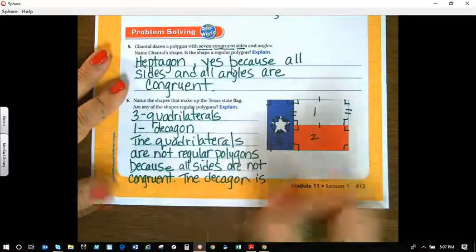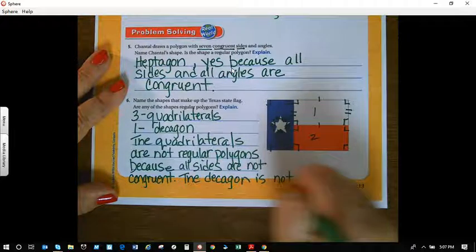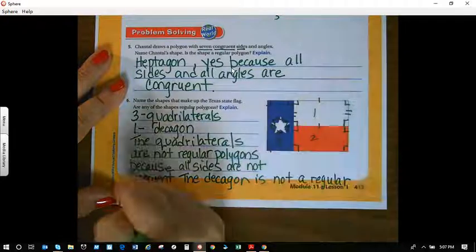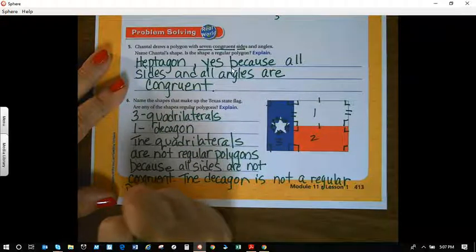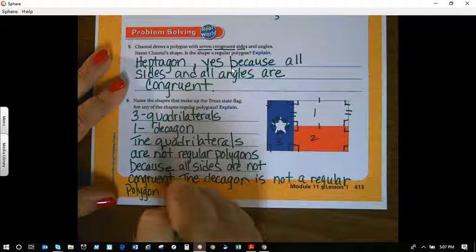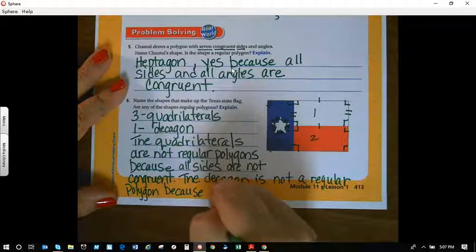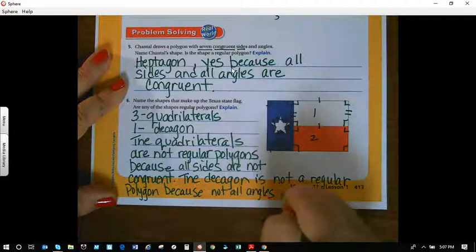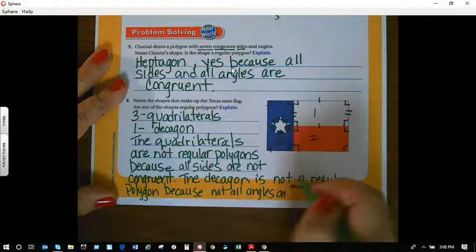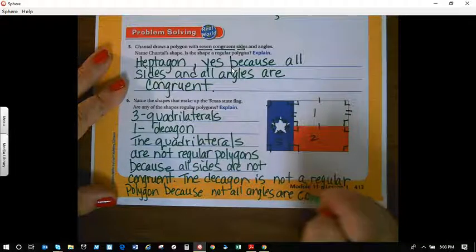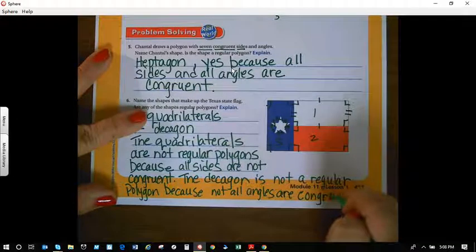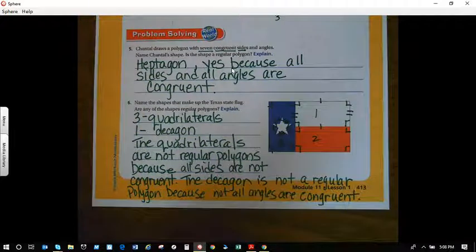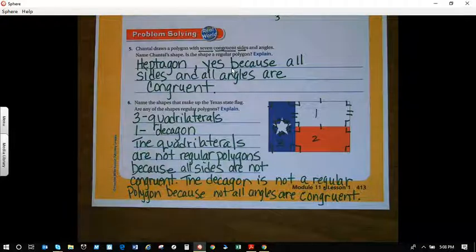So the decagon is not a regular polygon because not all angles are congruent. Okay, so one is not all sides are congruent, and the other one is not all angles are congruent.